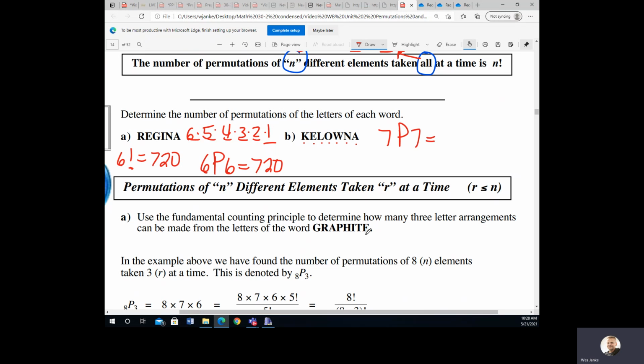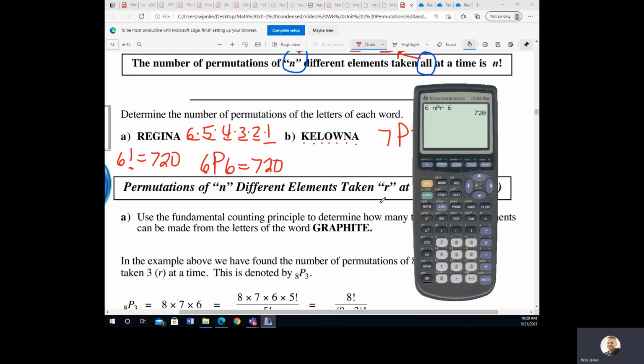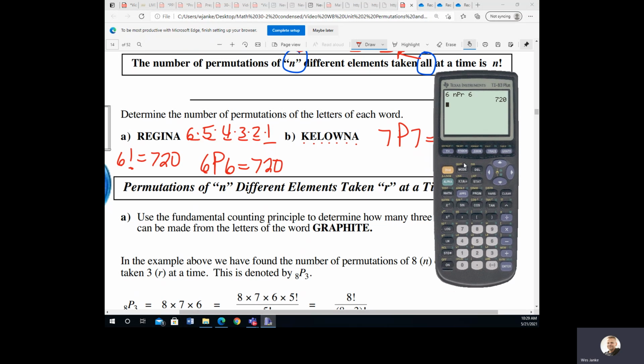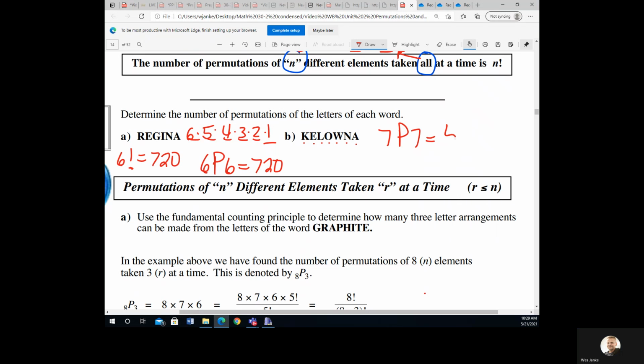Let's put that into the calculator. Seven, math, over to PRB, down to permutations, enter, and put the other 7. That's 5,040.